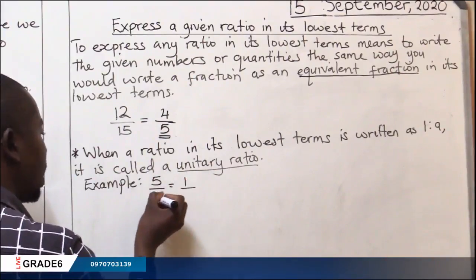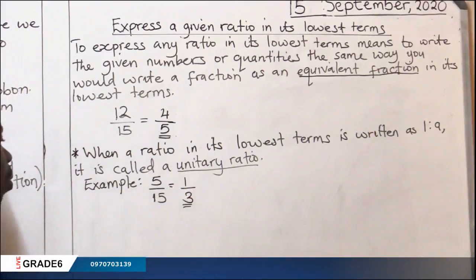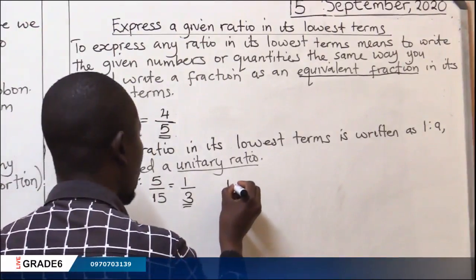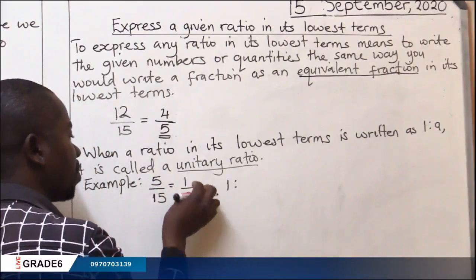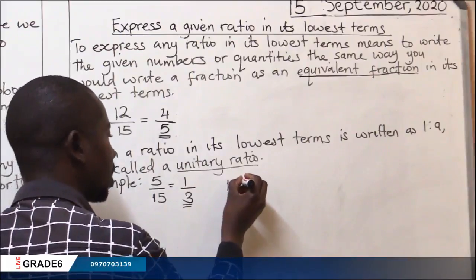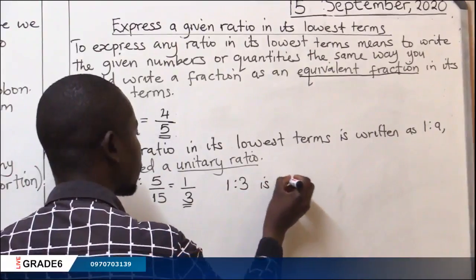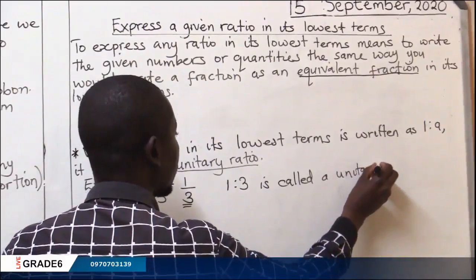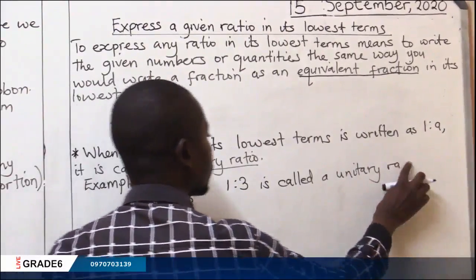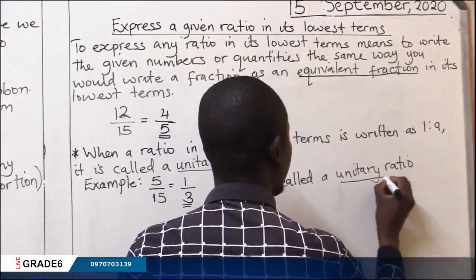It goes 1 time. How many times does 5 go in 15? It goes 3 times. Therefore, 1 over 3 is called a unitary ratio. Remember yesterday I said a ratio can be written as a fraction, or you can write it with a colon. So 1 to 3 is called a unitary ratio.